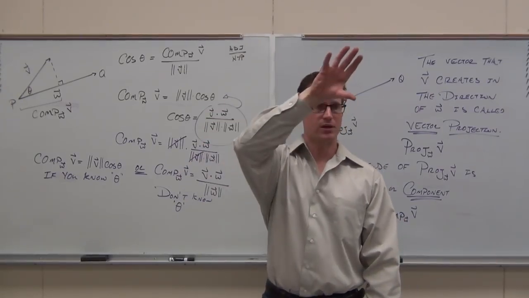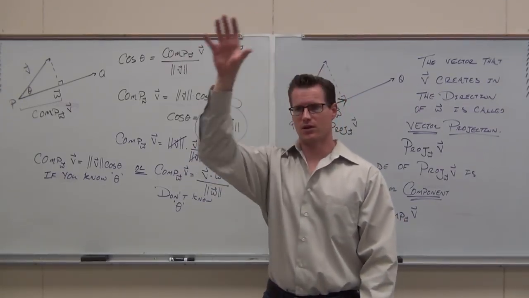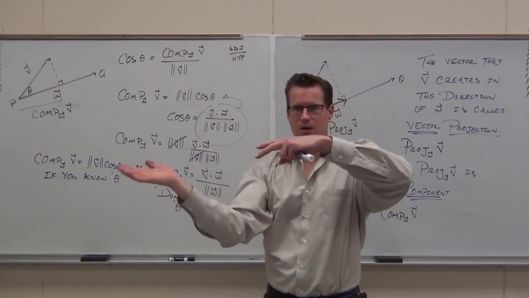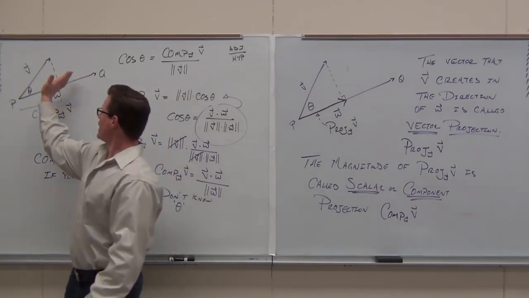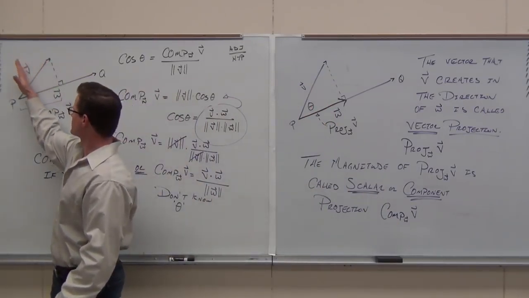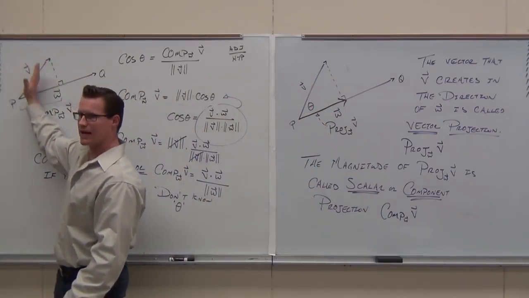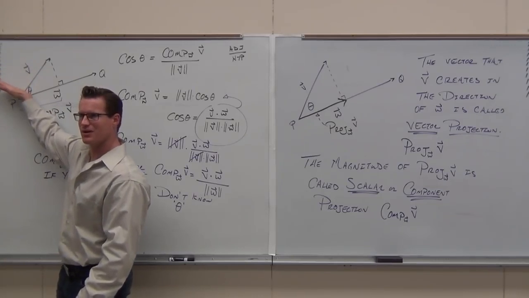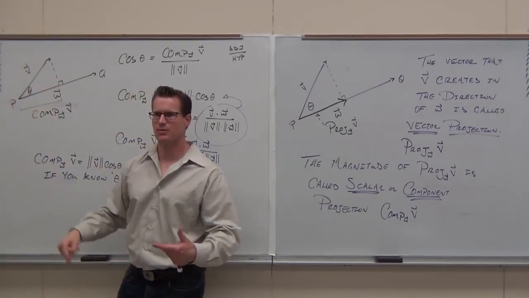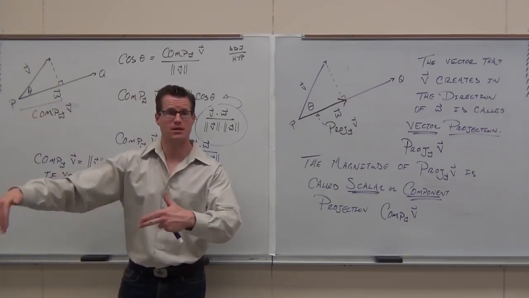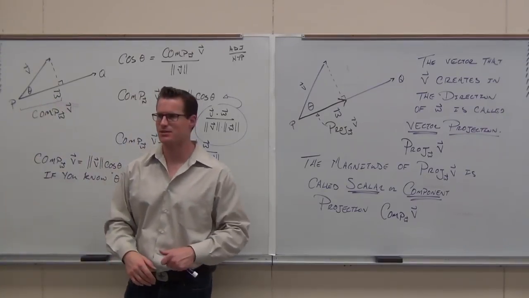So all would be cosine's positive, but then student, second quadrant between pi over 2 and pi, cosine's negative. Does that make sense? Think about the picture. If I am pulling past this, past pi over 2, what am I doing to that dog? I'm pulling it backwards. I'm pulling it back down that hill, so I'm pulling a negative. The magnitude becomes negative. Does that make sense to you?